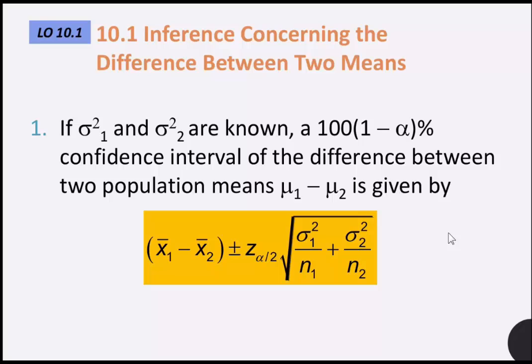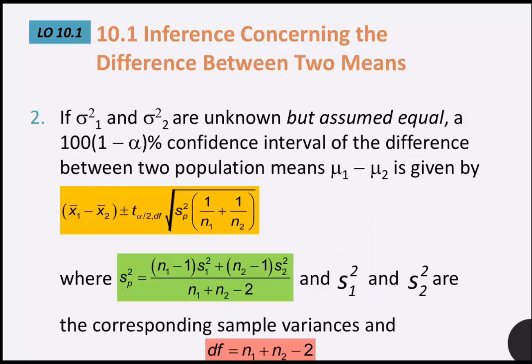Now the second model that we would use is when the variances are unknown but we assume they're equal. And in that case, we need to use this t calculation.